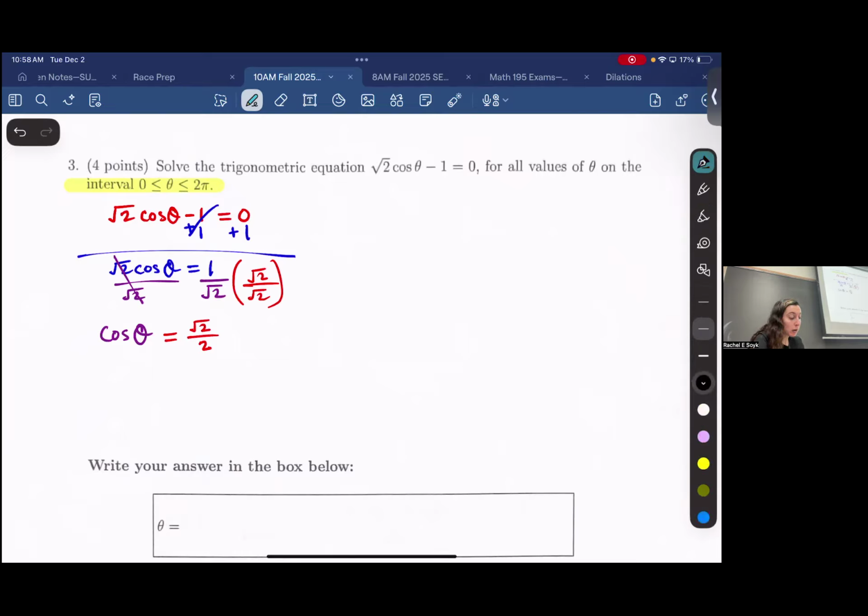What is our reference angle? Cosine of what will give us square root of 2 over 2? Pi over 4. Yeah. Also known as our 45 degrees. And it's positive. We didn't take the square root of anything, so we're not looking at plus or minus.